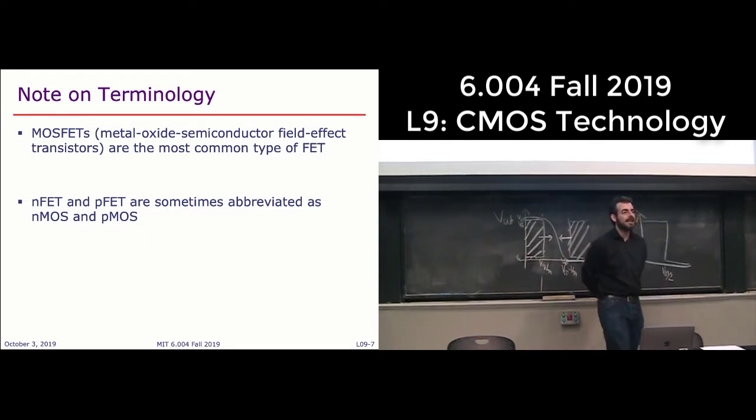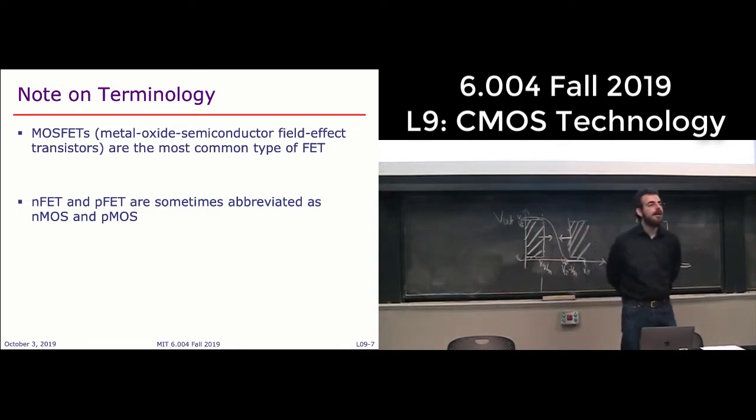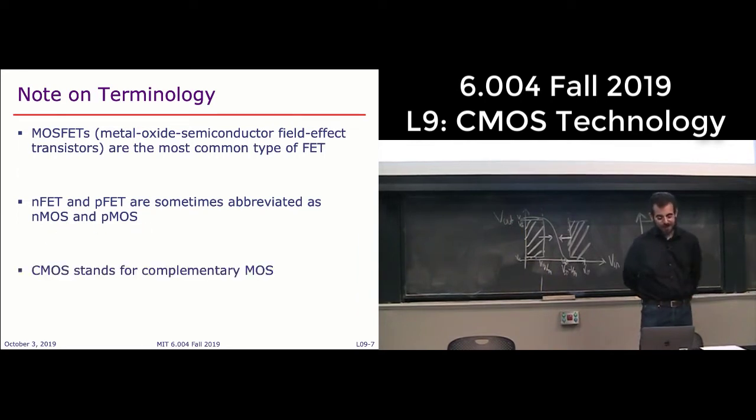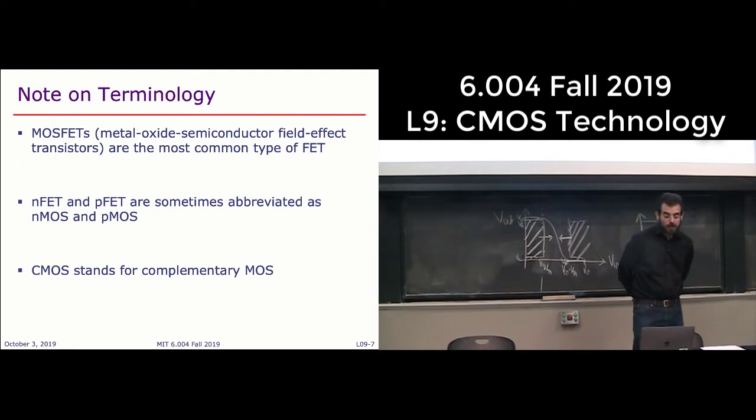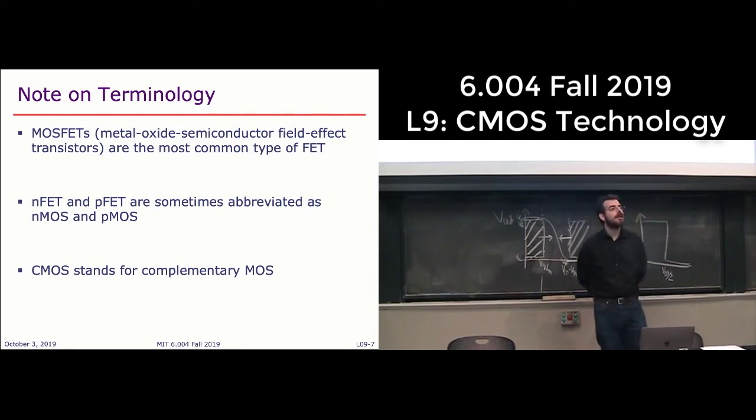This is kind of dated terminology, and normally we use NFET and PFET. But because it was used in the past, what has stuck as a commonly used term is CMOS, which stands for complementary MOSFETs or complementary MOS. We'll see what complementary means in a second.